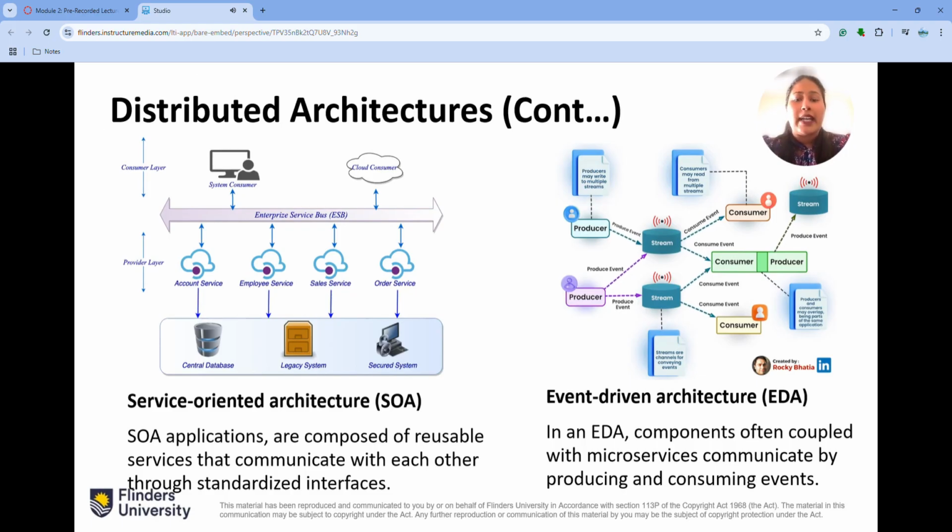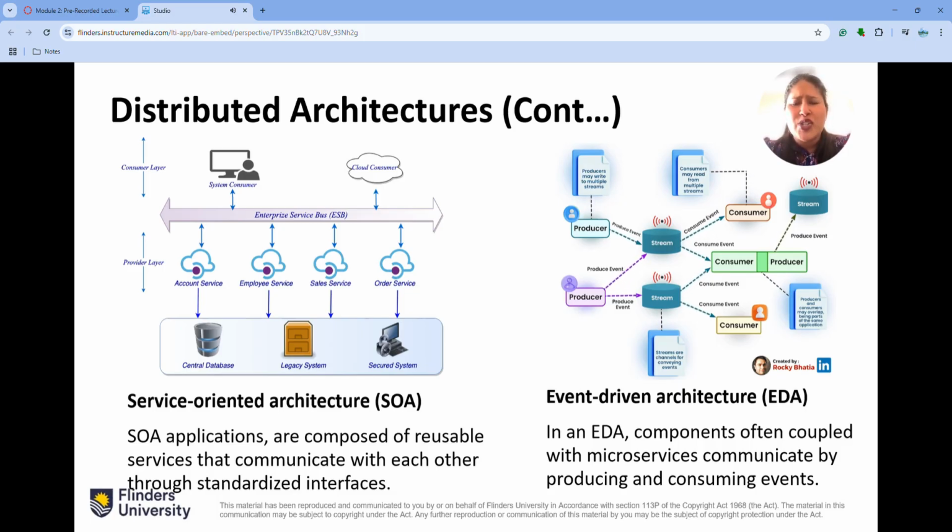Service-oriented architecture (SOA) and event-driven architecture (EDA) are two distinct architectural styles used to design distributed systems with different approaches to communication and integration. In SOA, the system is composed of a collection of loosely coupled reusable services that communicate with each other over a network using well-defined protocols and message formats, typically XML or JSON.